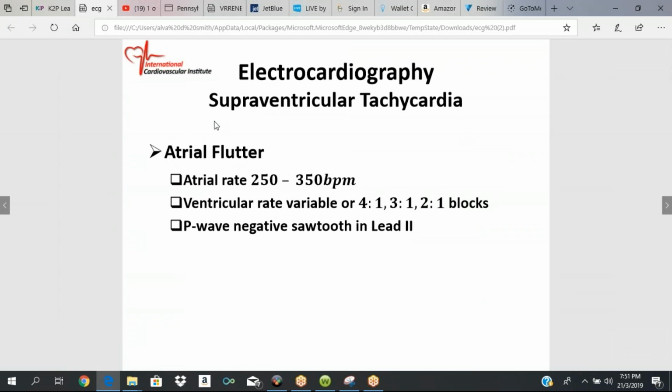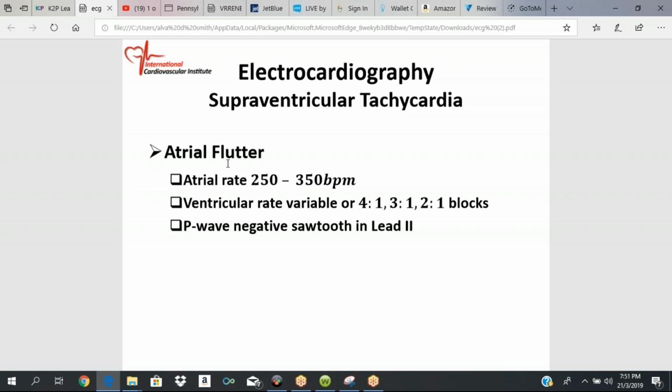So the type of supraventricular tachycardia that you may be familiar with is atrial flutter. When we say atrial flutter, it's basically an abnormal foci. Usually there's an area close to the tricuspid valve where the flutter comes about.